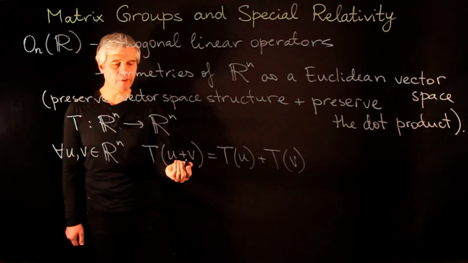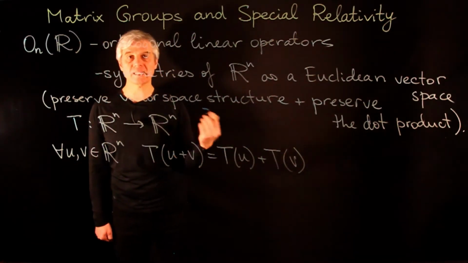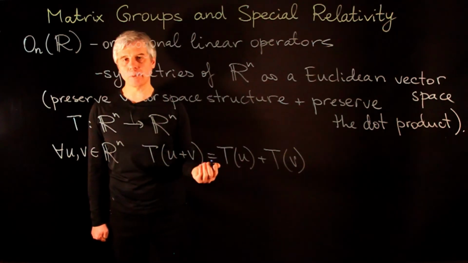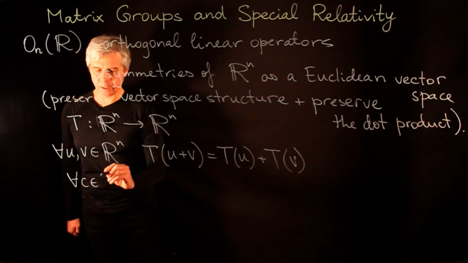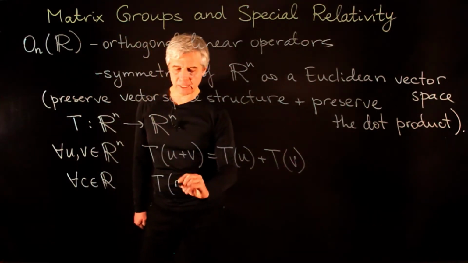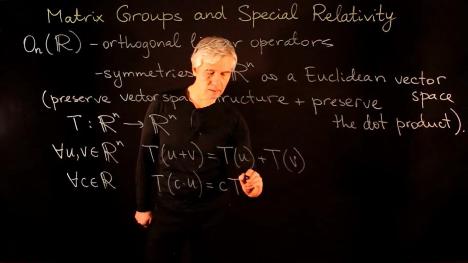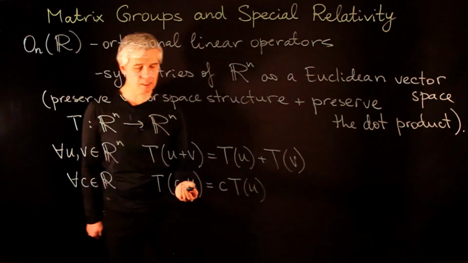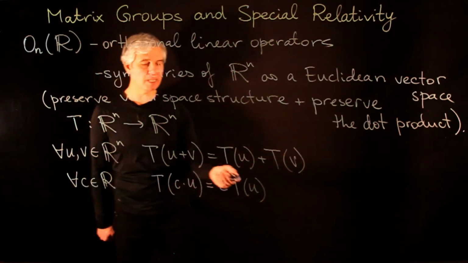Because addition of vectors is one of the operations of a vector space. What's the second operation in a vector space? It's multiplication by scalars. So this means that for all scalars c in R, we must have T(cu) equal to c times T(u). So this means that this transformation preserves multiplication by scalars.